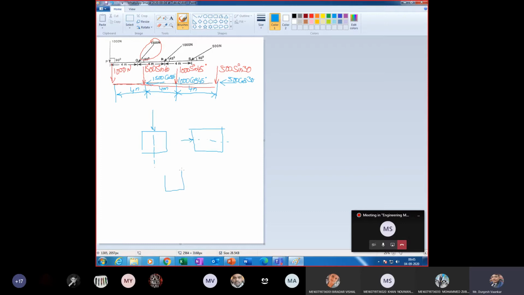If I am applying an inclined force onto this body, then some effect will be there in the horizontal direction, and at the same time some effect in the vertical direction. This is the meaning of inclined force. Already we have discussed this in the starting classes. I hope there is no doubt till this point.